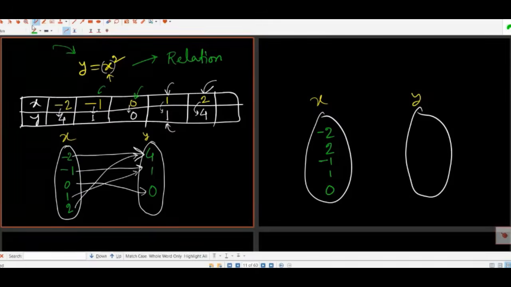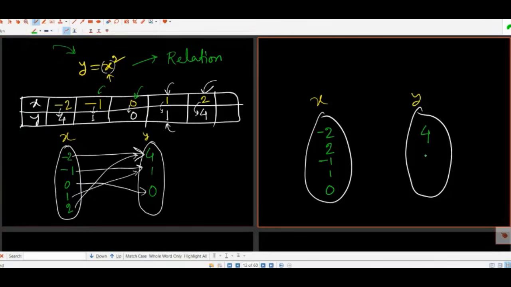So now come to the point. I hope you will understand. In y, we have 4, 1, and 0. So let's write 4, 1, and 0. Now try to respond. Here, for -2, which value have we found for y? We have found 4.